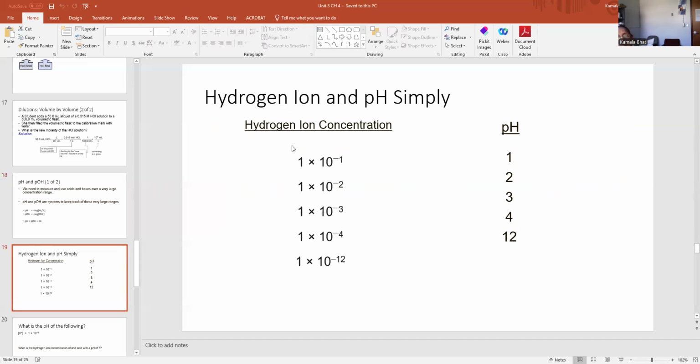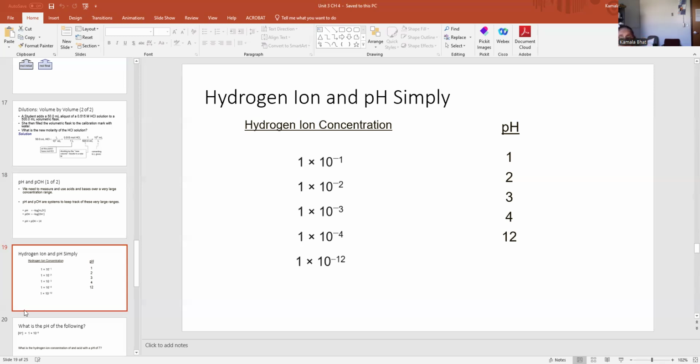So pH can be, in a simple direct format, this: pH 1 is 10 raised to minus 1, pH 2 is 10 raised to minus 2, pH 3 is 10 raised to minus 3, pH 4 is 10 raised to minus 4, and so on.